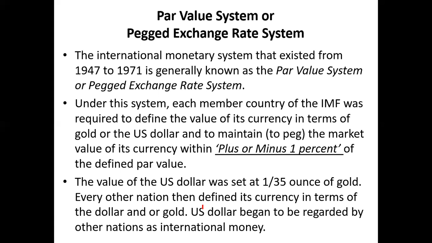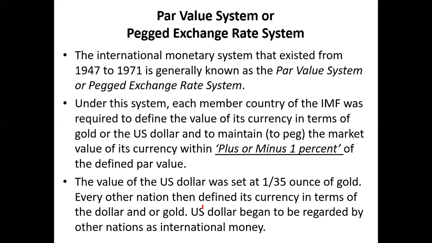So from 1947 to 1971, the International Monetary System that was in existence in the world has been known as the par value system or pegged exchange rate system.